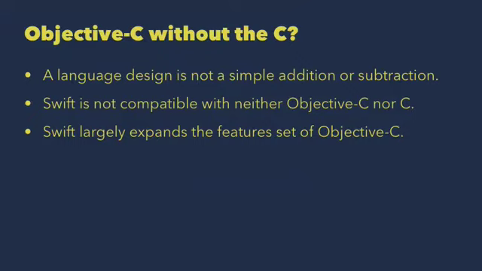And one important point is Swift is not compatible with either Objective-C or C. So for C code or Objective-C code, you need to do some special settings to make it available for Swift code. And another point is Swift largely expands the feature set of Objective-C.